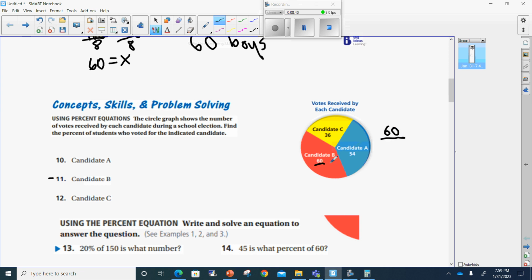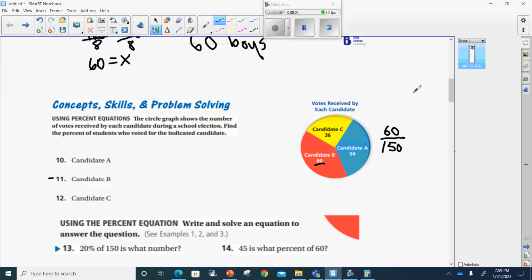Well, we have to add up all these to find out. Let's see. If I take 36 and add it to 54, 6 plus 4 is 0, and carry the 1, that's going to be 8, 9. So that's 90 right there. And 90 plus 60 is 150.